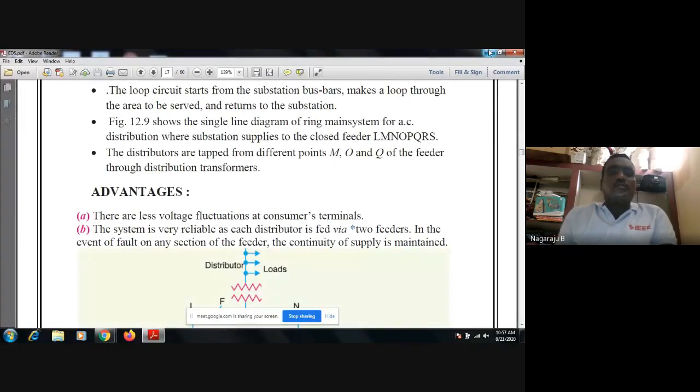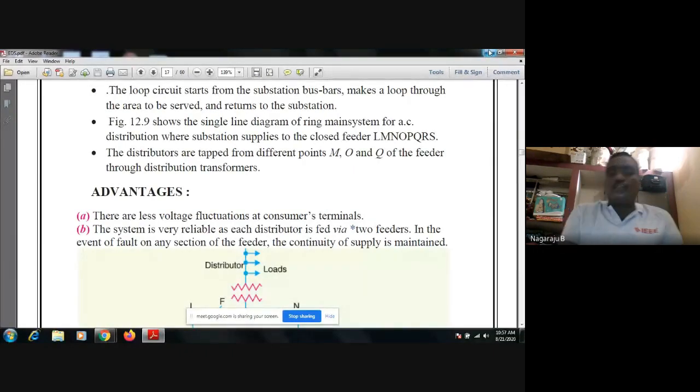There are some advantages for this particular type. The first advantage is less voltage fluctuation at consumer terminals, and the system is very reliable as each distributor is fed from two feeders.